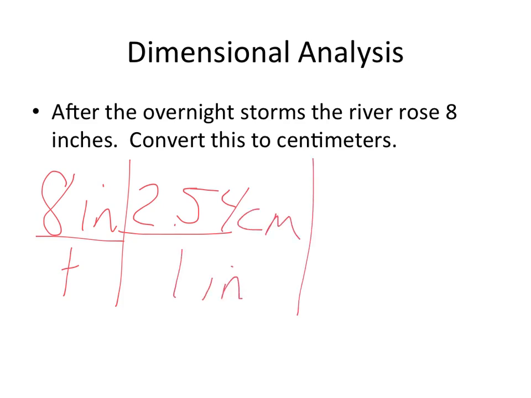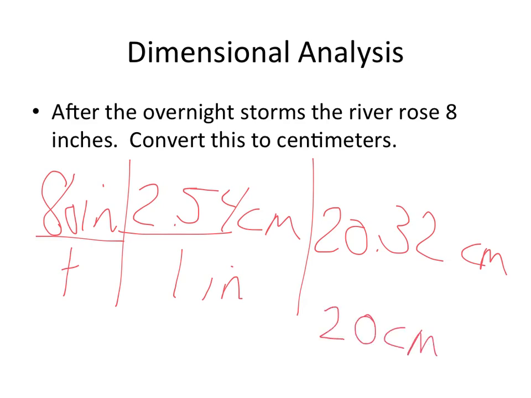So then you're going to take your 8 times 2.54, and you're going to get 20.32 centimeters. Now we could make it 8.0, which would give us at least 2 significant figures. So then when I multiply out, I'm going to end up in sig figs, the number would be 20 centimeters.